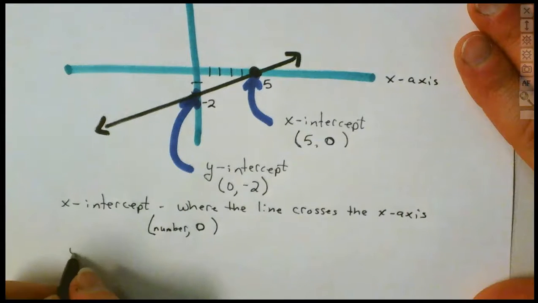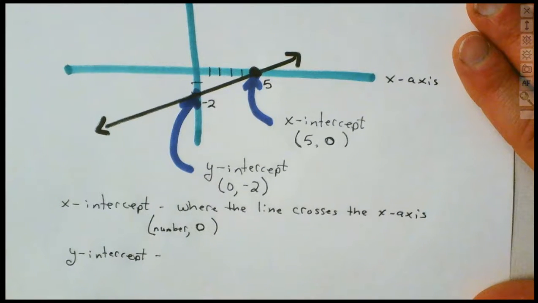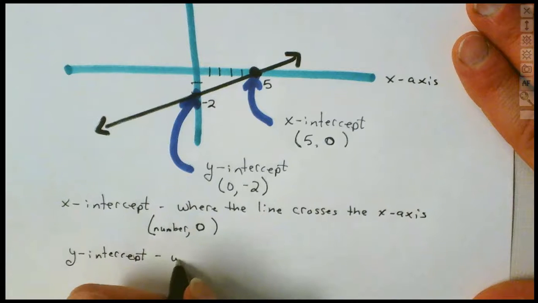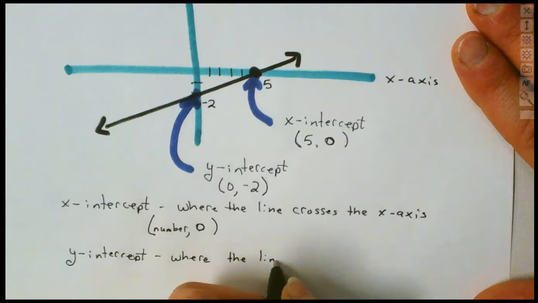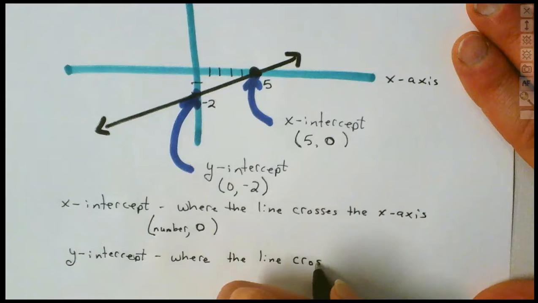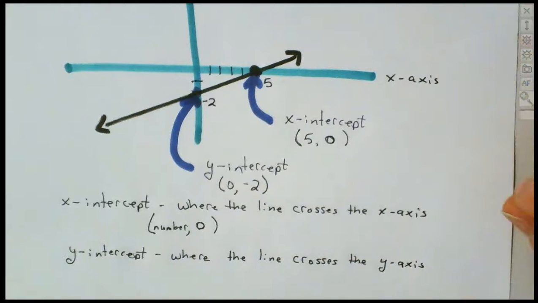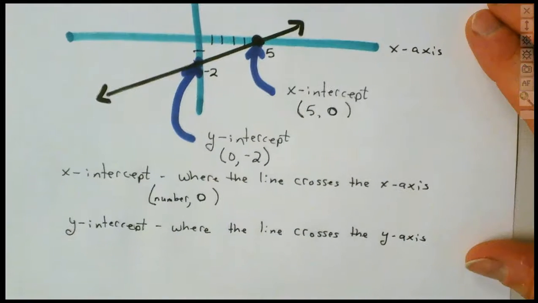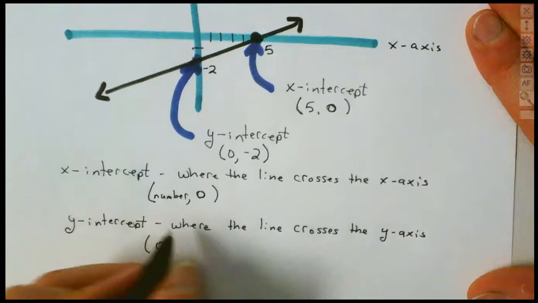The y-intercept is going to be where the line crosses the y-axis. And it would be 0, comma, some number.